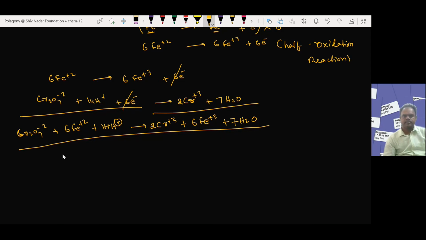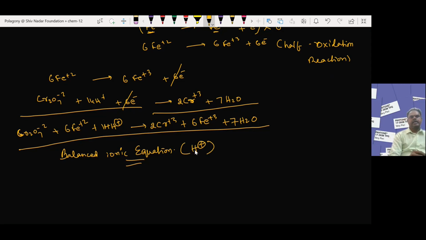So this is the balanced ionic net equation in acidic medium.